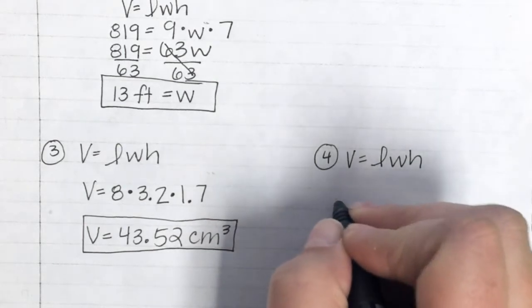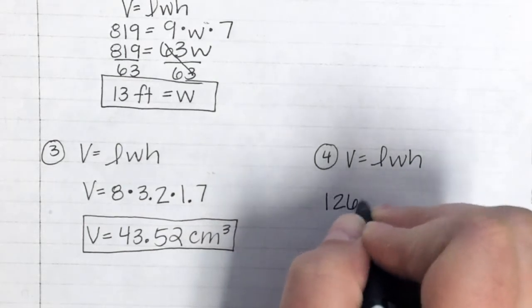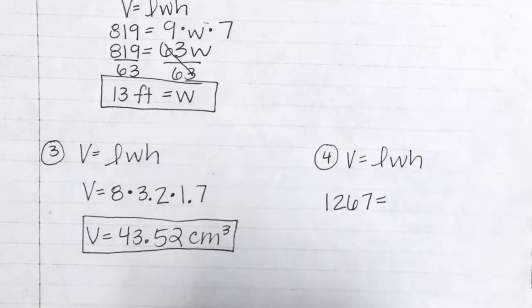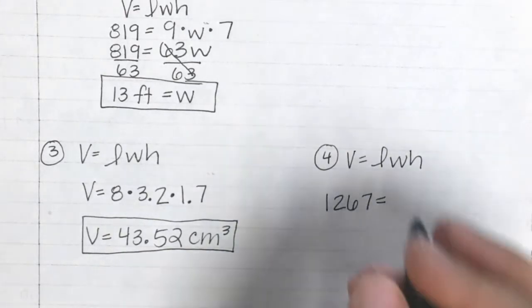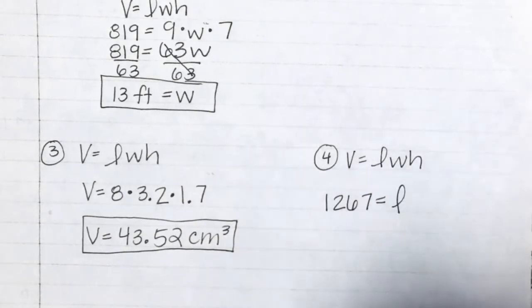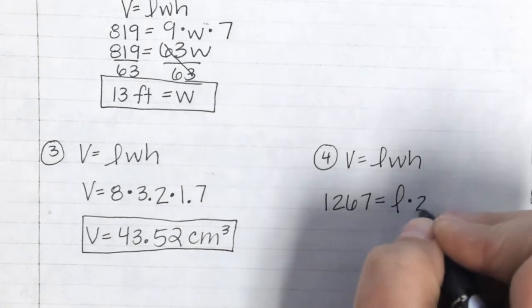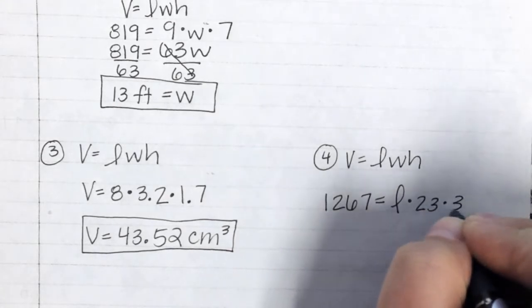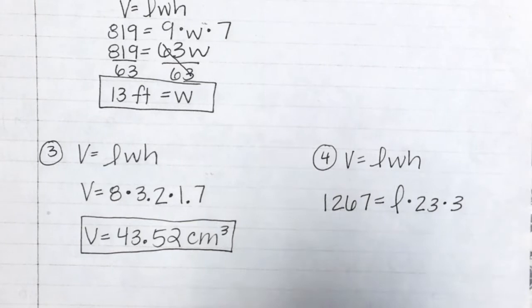Okay, so we're going to plug that in. We got 1,267, and that is equal to, what is our length? We don't know, so we're going to leave that as a variable. What is our width? 23, and what is our height? 3.